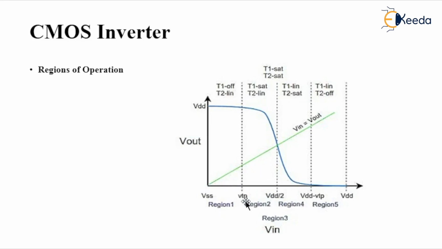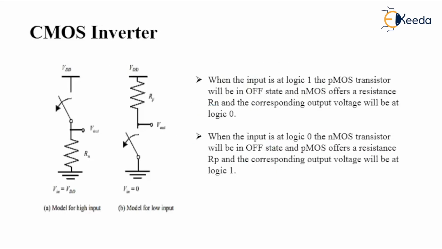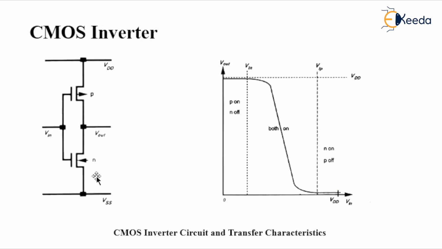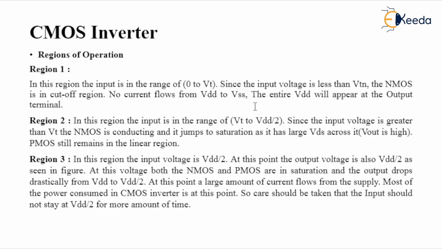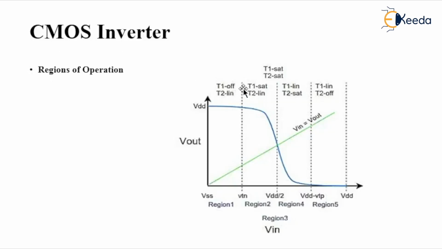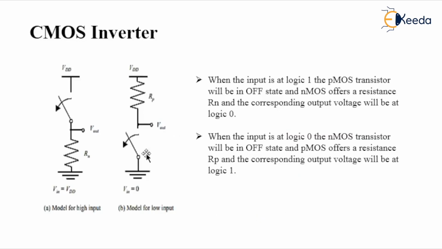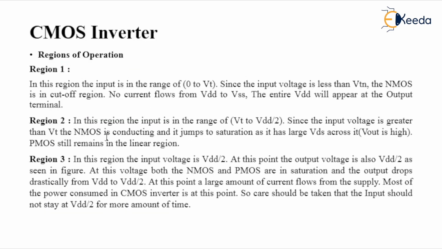But here it is less than the threshold voltage. Therefore, this one is the T1 transistor and this is the T2 transistor. The transistor T1 will be turned off and T2 will be in the linear region. Linear means resistance region. If you see this picture, when it is turned off, it will offer some resistance. So that is all about region 1.